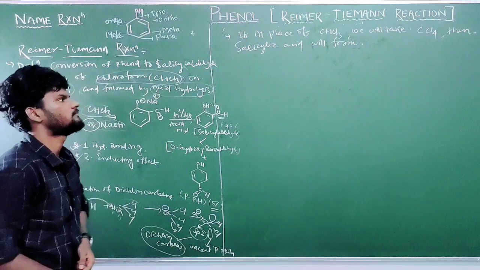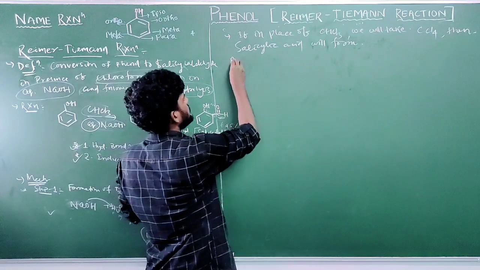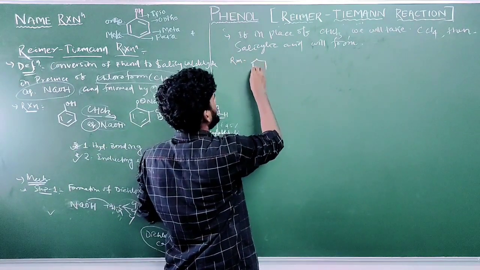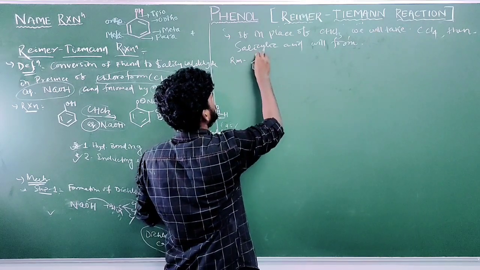So how? Write the reaction for phenol. This is the phenol ring.